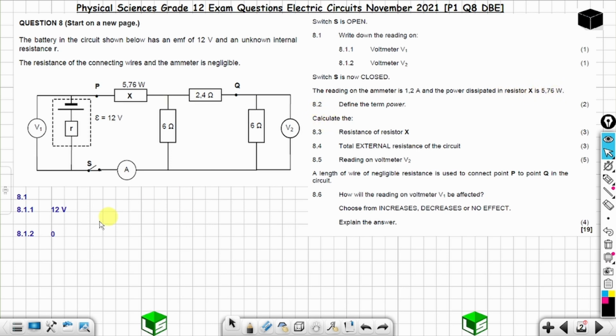Question 8.2. Define the term power. 2 marks. So the power is the rate at which work is done or energy is transferred.